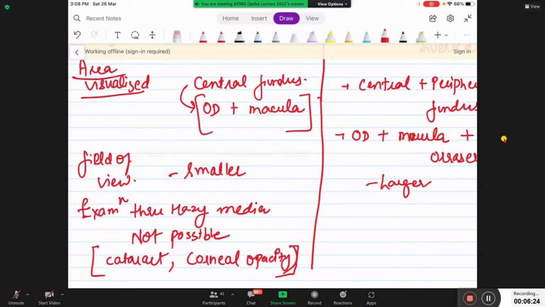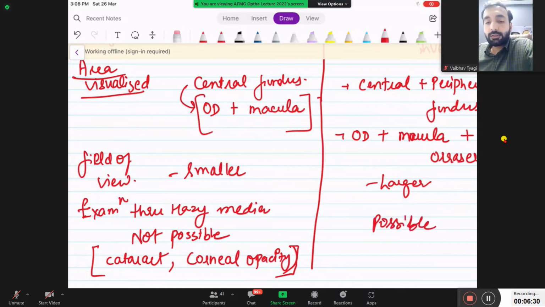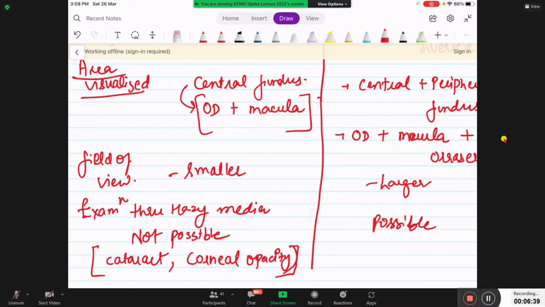Whereas with indirect ophthalmoscope, it is possible to visualize fundus if the patient is having cataract or any small corneal opacity. So these are the advantages of indirect ophthalmoscope over the direct ophthalmoscope.